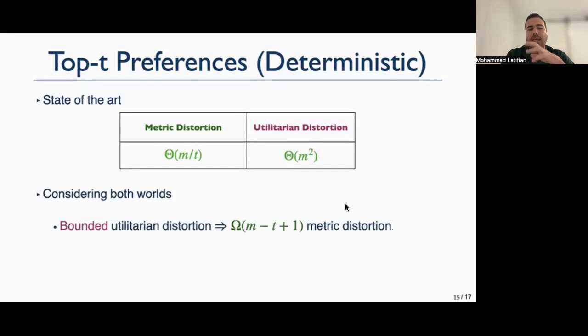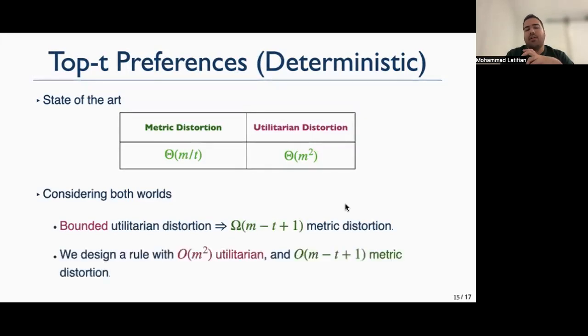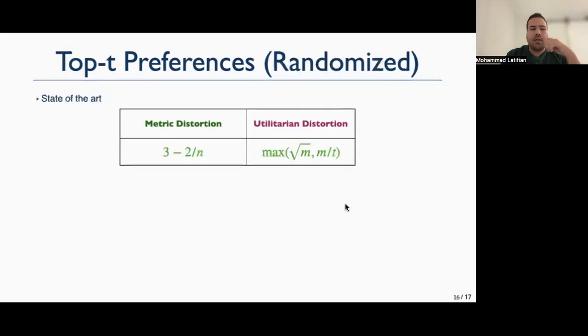We show that any bounded utilitarian distortion implies omega of m minus t plus 1 metric distortion, and we design a rule that gets order of m squared utilitarian and order of m minus t plus 1 metric distortion. So we show that getting the best of both worlds is not possible with a deterministic rule in the setting that you only have access to top T preferences, but we design a rule that gets the best thing that's possible.